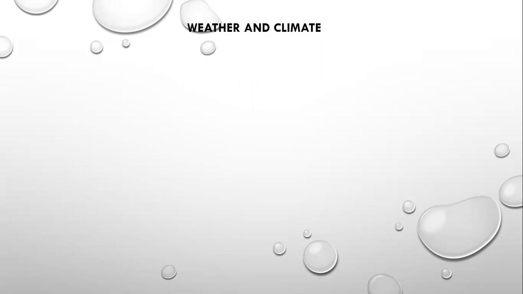So today I want us to achieve quite a number of objectives as we look at weather and climate as our topic. One of the objectives that I want us to achieve by the end of the lesson is to describe humidity and its measurement.